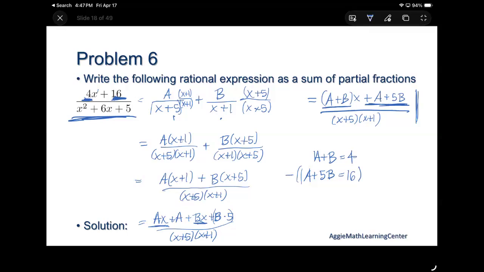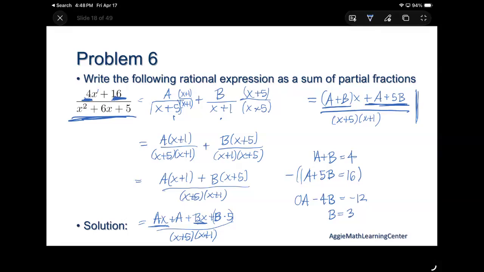added to the first equation. So a plus -a is equal to 0a. b plus -5b is equal to -4b. And 4 plus -16 is equal to -12. That means if I divide both sides by -4, I get +3.